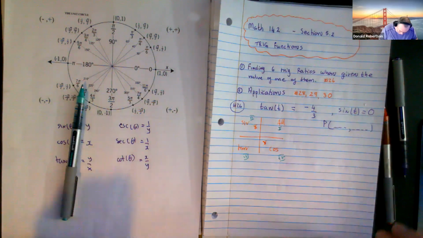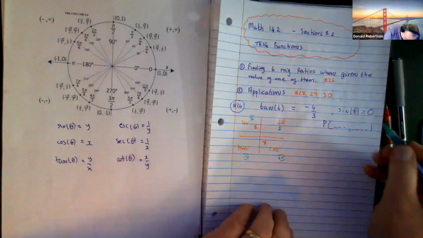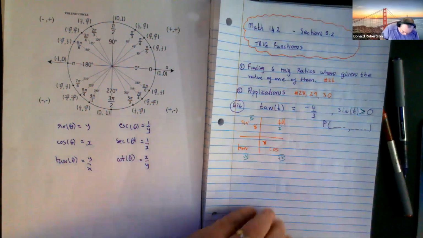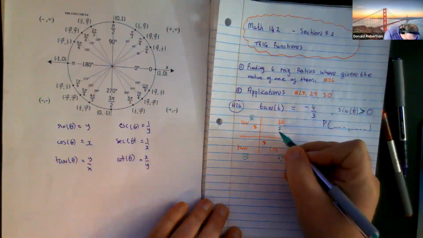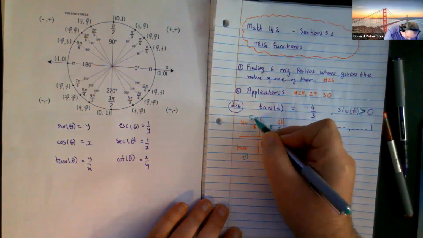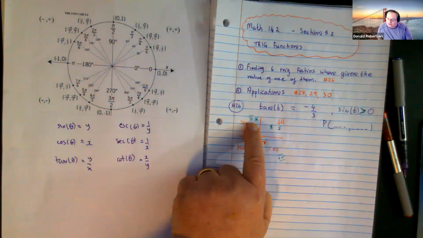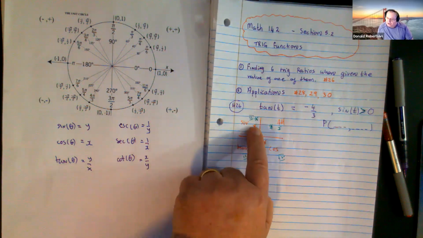And if we also now use the fact that the sine is greater than 0, that's better. The sine is positive in the first quadrant, and it's also positive in the second quadrant. So we agree now that the angle is in the second quadrant. Agreed? That's the only place where the tangent is negative and at the same time the sine is positive.